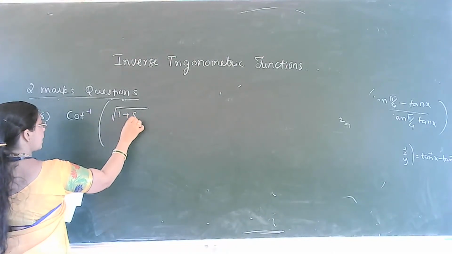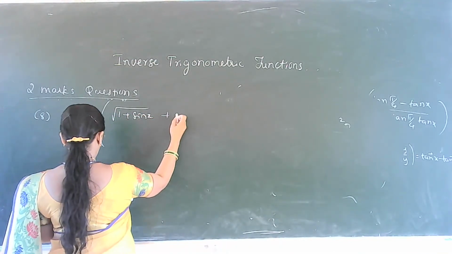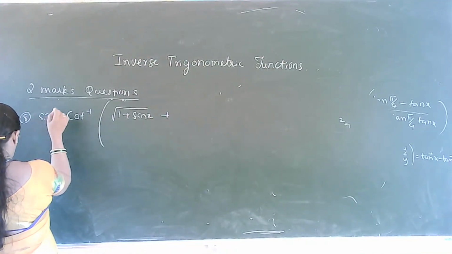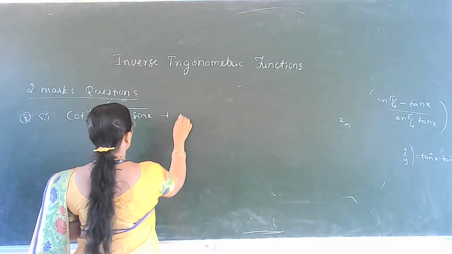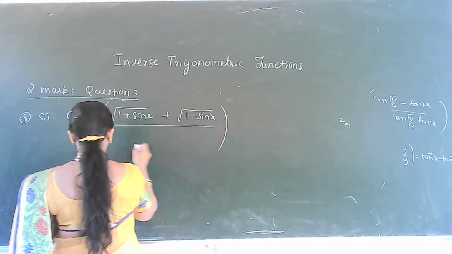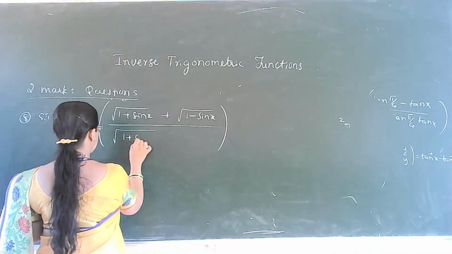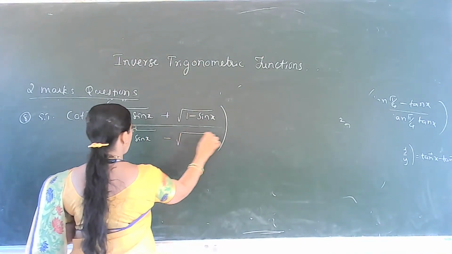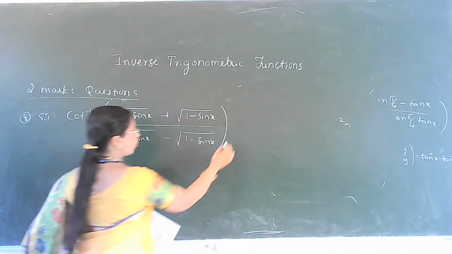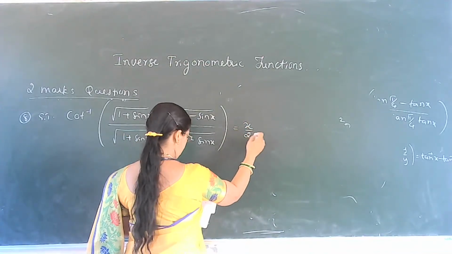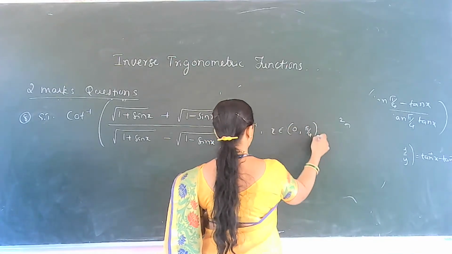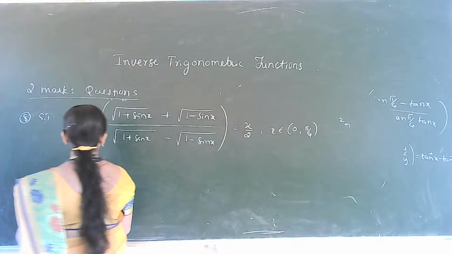Show that root of (1 plus sin x) plus root of (1 minus sin x) divided by root of (1 plus sin x) minus root of (1 minus sin x) is equal to x by 2, where x belongs to (0, pi by 4).